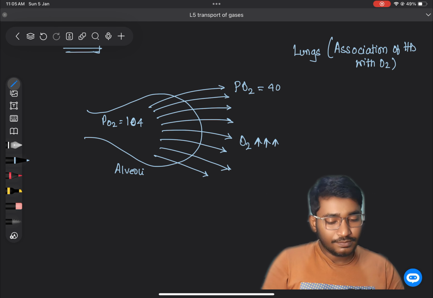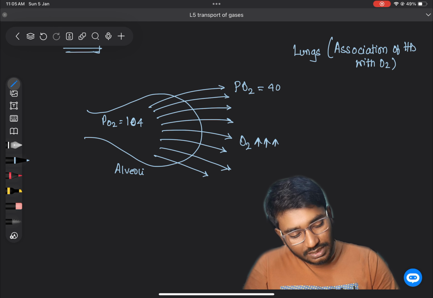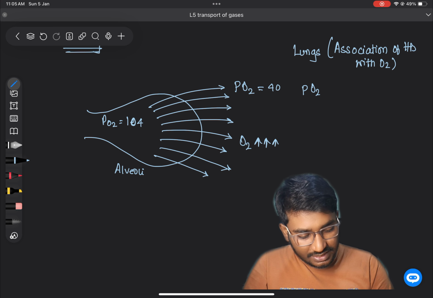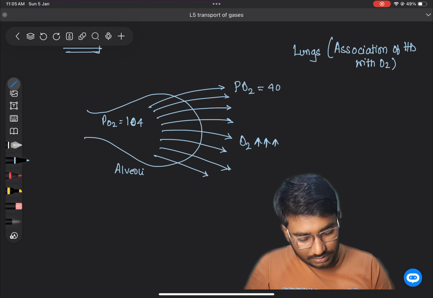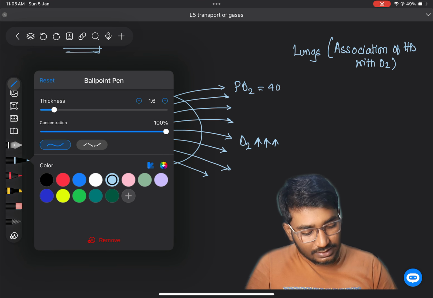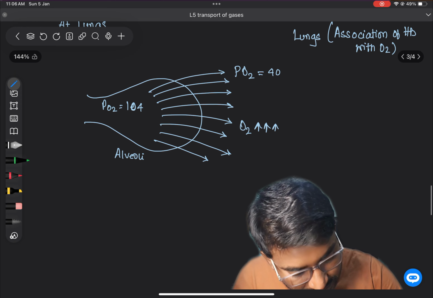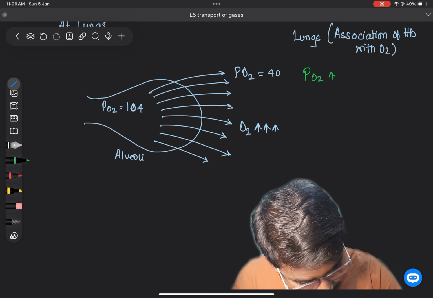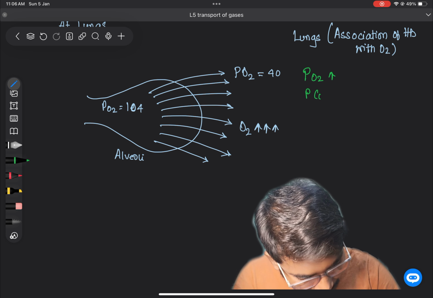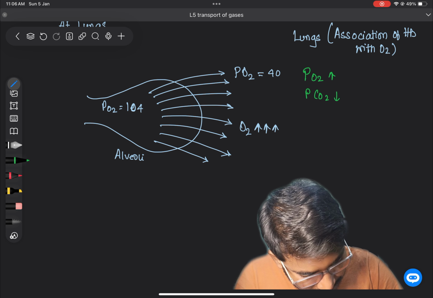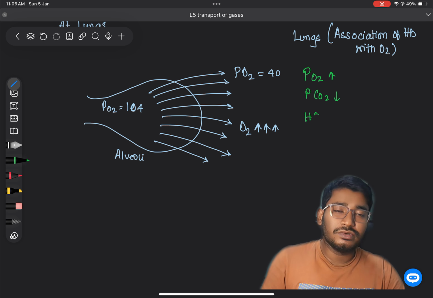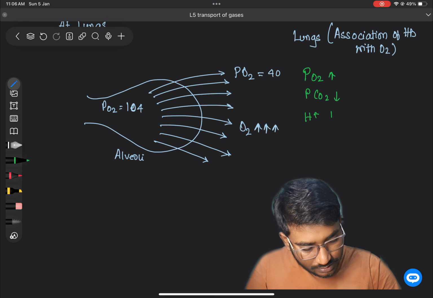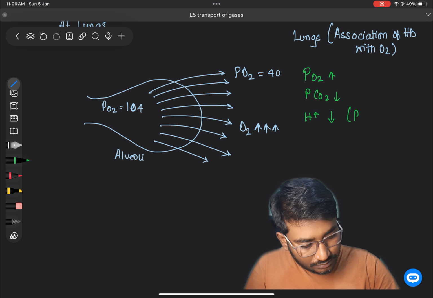So what happens here? At lungs, the partial pressure of oxygen is high, the partial pressure of CO2 is low. As the partial pressure of CO2 is low, the hydrogen ion concentration is low, so pH is high.